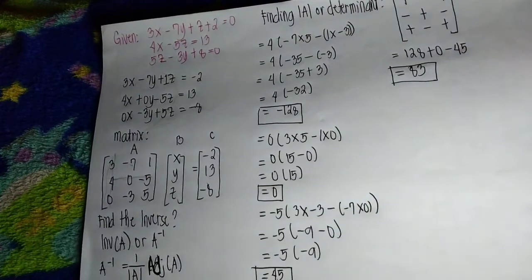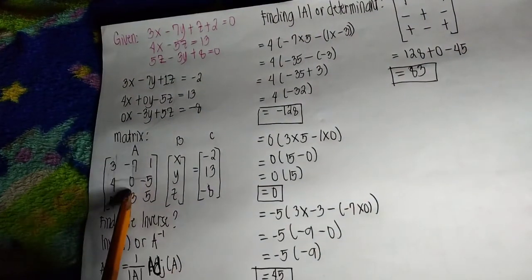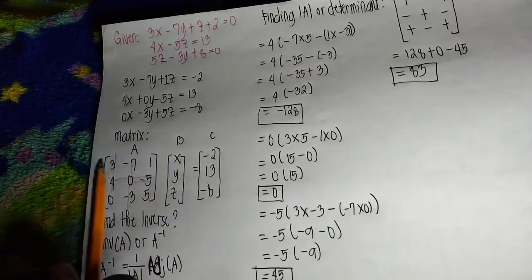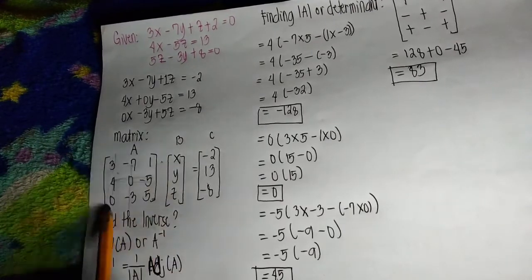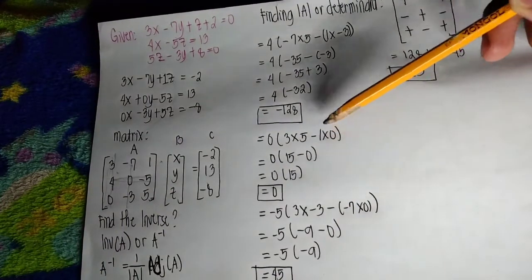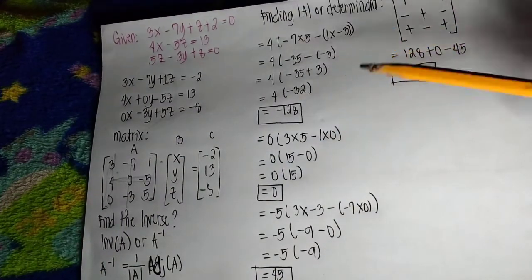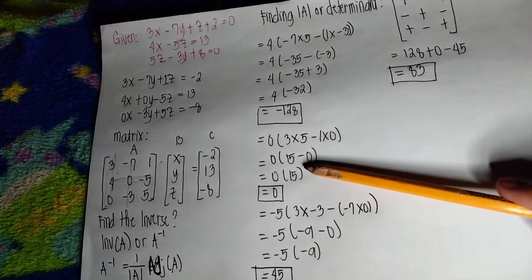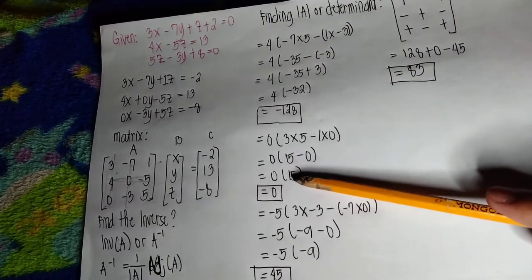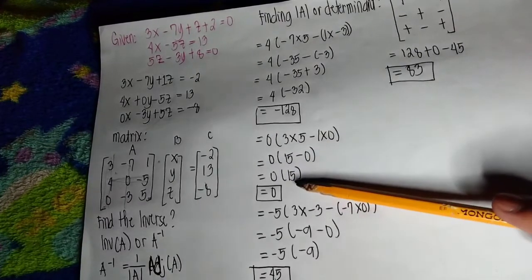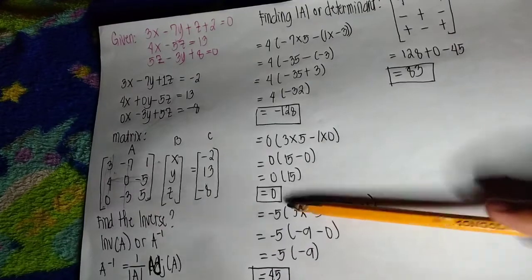Same process, i-cover mo lang yung vertical sa 0 at saka horizontal. So ang naiwan is 3 at 5 at 1 and 0. Cross multiply again. 3 times 5 minus 1 times 0. So solve the parentheses first. Positive 15 yung 3 times 5 at minus 0. Then 15 times 0 is 0.